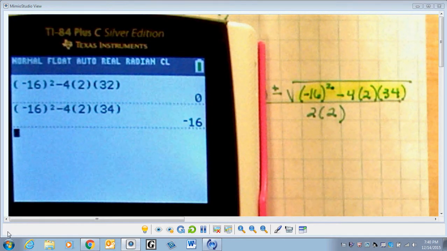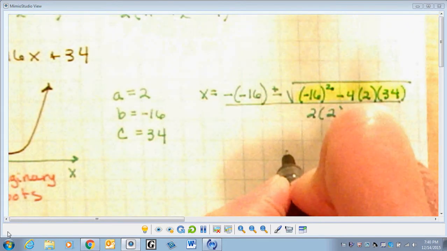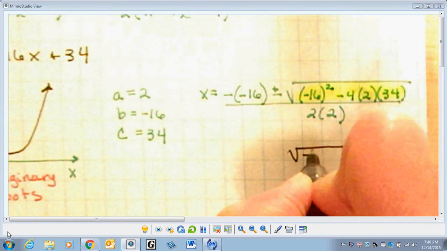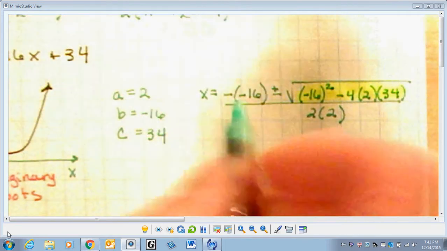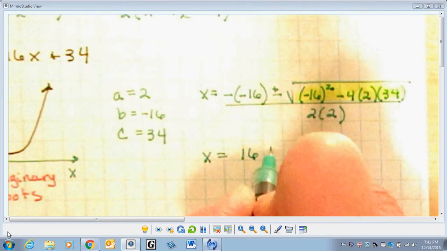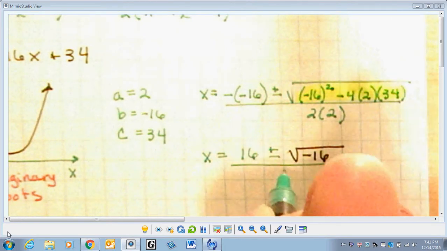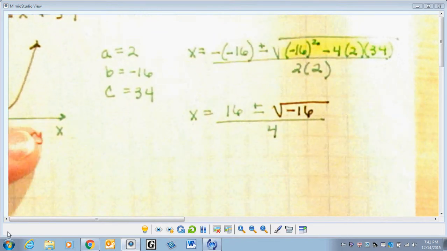Well, let's see what that means. So that means underneath the radical here, I have -16. Okay, that's very important. So I have x is equal to, well, that's going to be +16 plus or minus the square root of -16. So I have to simplify the square root of -16.